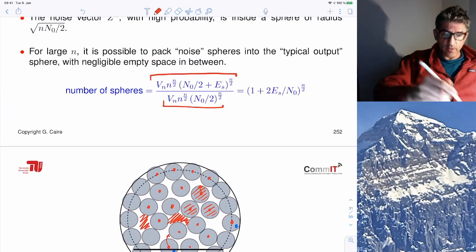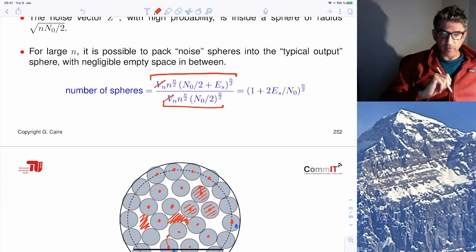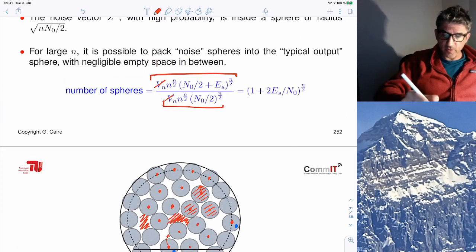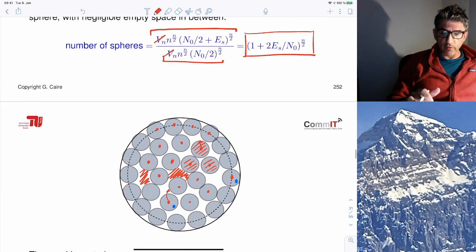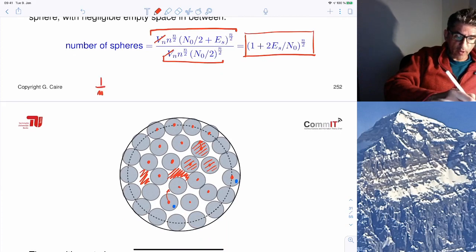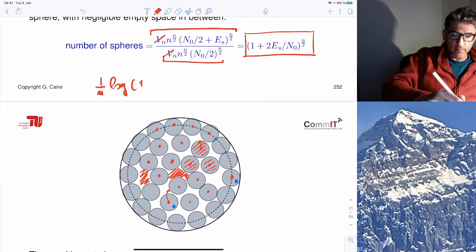So we do this. Now you see that the Vn and Vn simplify. There are terms that simplify, so we get this number, and this is the number of possible code words. Now we take 1 over n log of this number, and this will be the number of bits per symbol we can transmit.